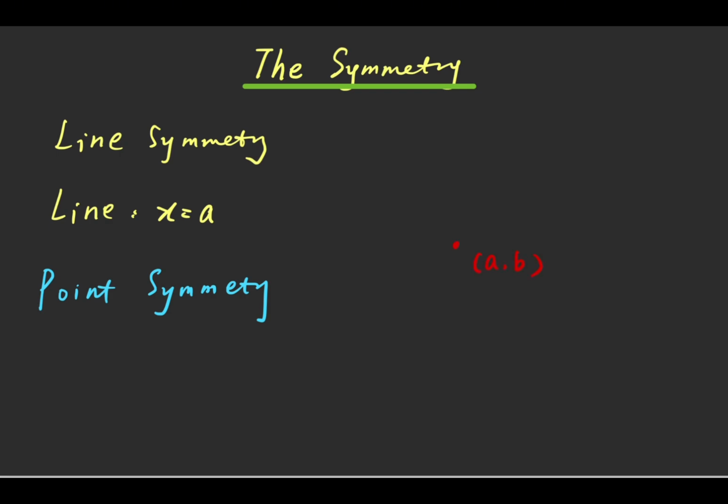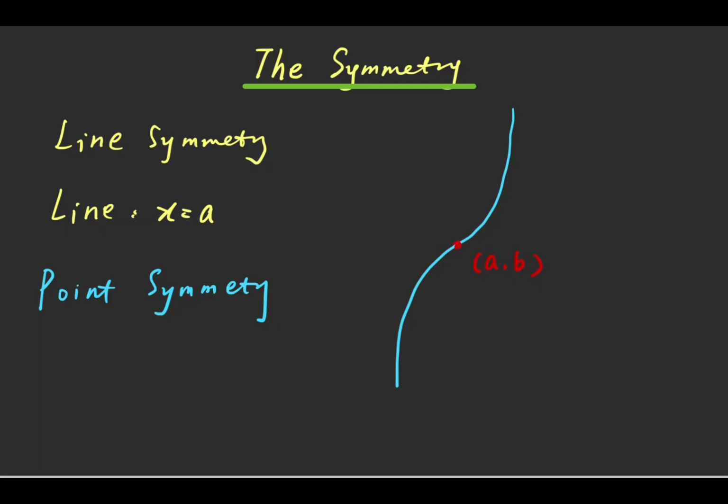The x coordinate is a, the y coordinate is b, and the graph is like this. This is the point (a, b), and this is the graph of the function.